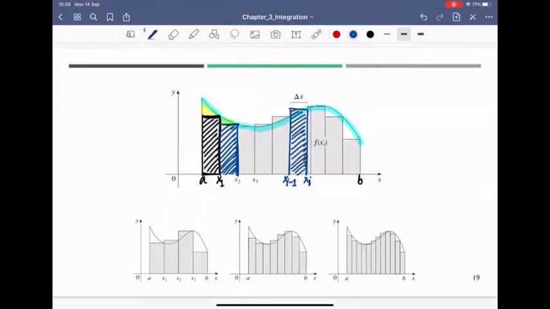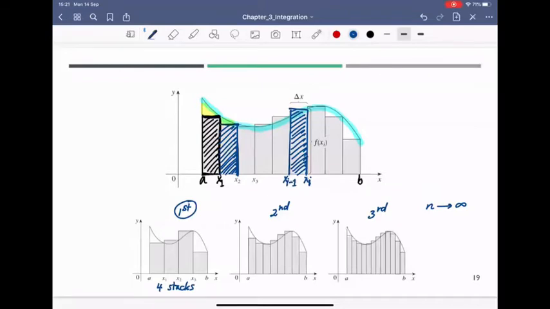It is okay that you keep missing some area or getting over on some area, because at the end we are going to take n to infinity. You can see from the first picture to the second picture to the third picture, what happens as I increase n. In the first picture I only use 4 stacks, so the approximate area is not going to be good.